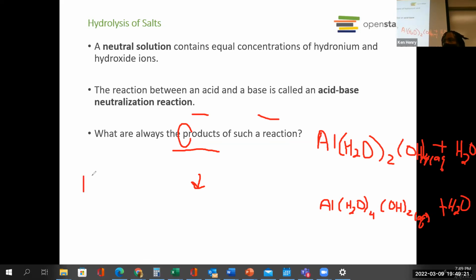So generically, if you have HA reacting with, say, MOH for metal hydroxide, what are we going to make?